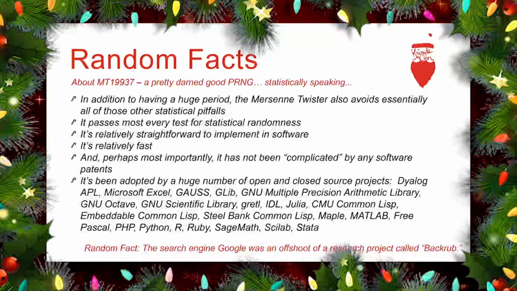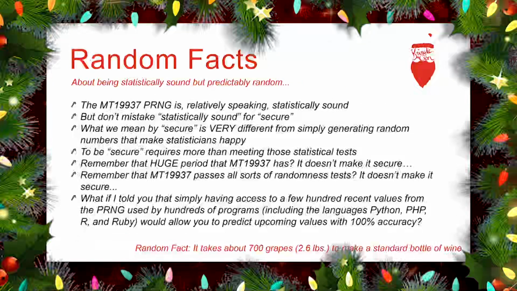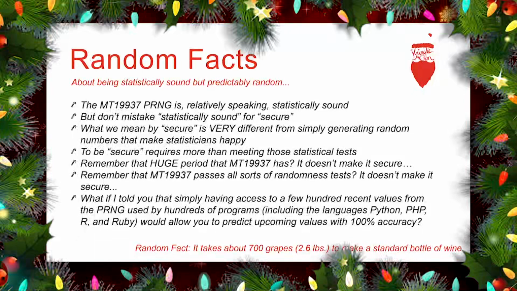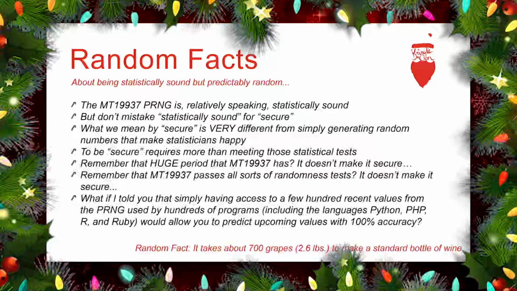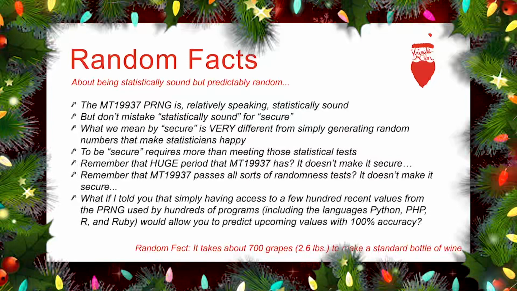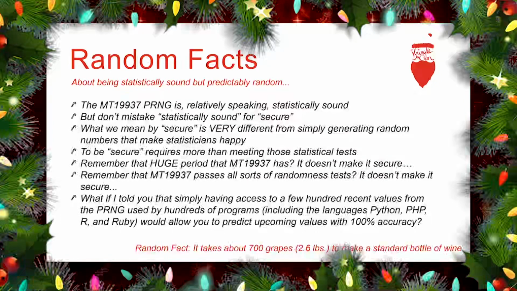Dozens and dozens of other software projects use this pseudo-random number generator. The MT19937 pseudo-random number generator, as I said, is considered to be statistically sound when it comes to the generation of pseudo-random numbers. But don't mistake statistically sound for secure.